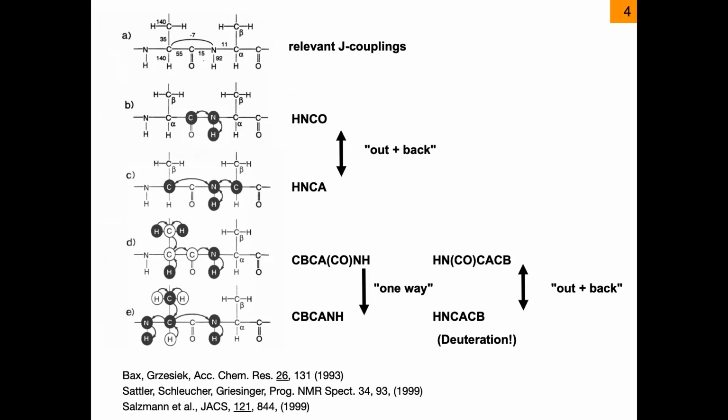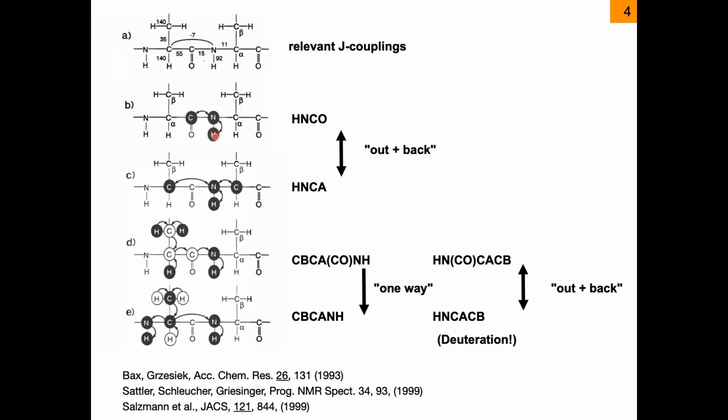it uses one-bond scalar couplings in the backbone and in the side chain of proteins. What you see here are the scalar couplings of the backbone and side chain for the individual bonds. What was developed is to walk through these coupling constants from one atom to the next, like in the HNCO.